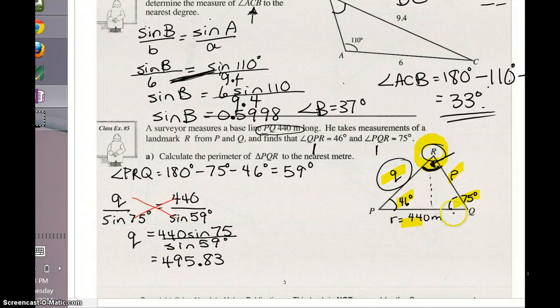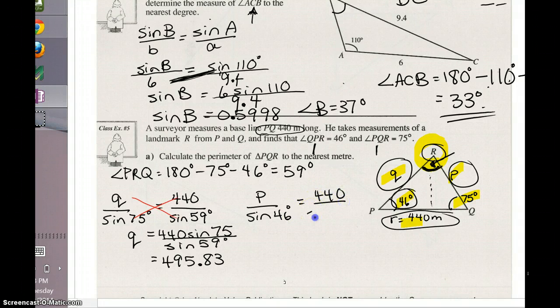I have R. I need P, and that's the next one. So P is going to be over top of sine, and that angle for P is 46. Then I will equate it to the R. So we're going to have 440 again, and we'll use the sine 59 because we do know that that's correct. We were able to figure that out.